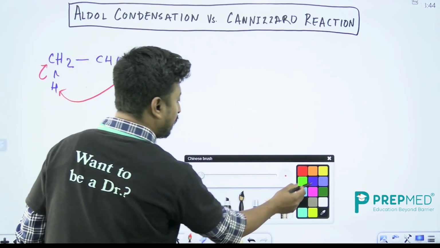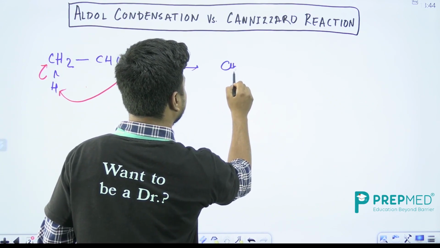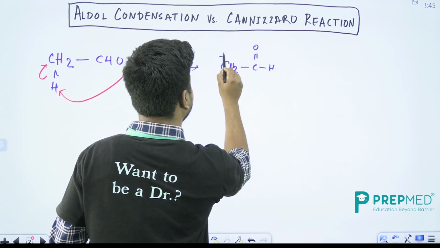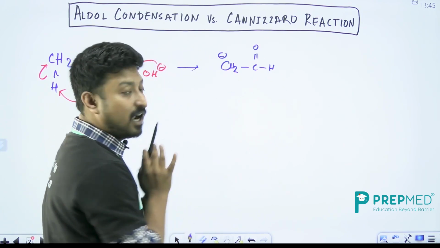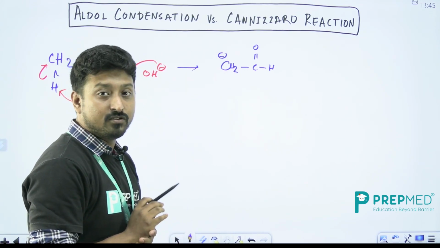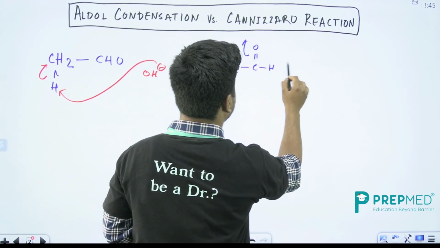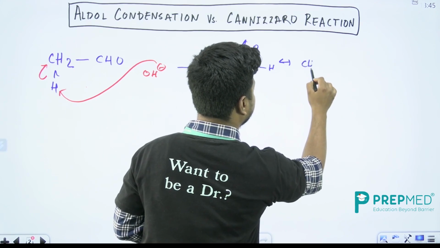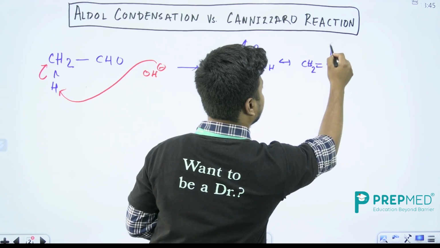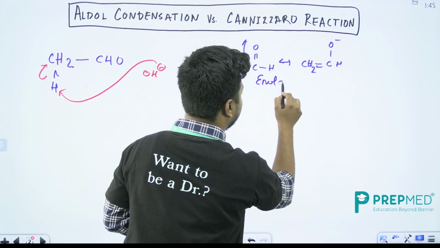It forms CH2 double bonded CH-O minus. This carbanion is resonance stabilized, and this particular molecule is called an enolate ion.